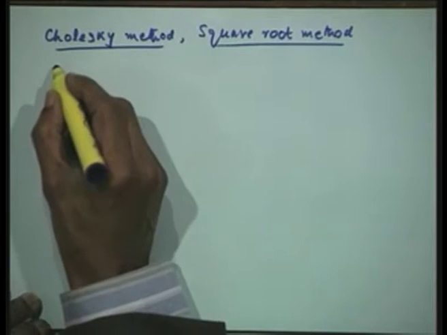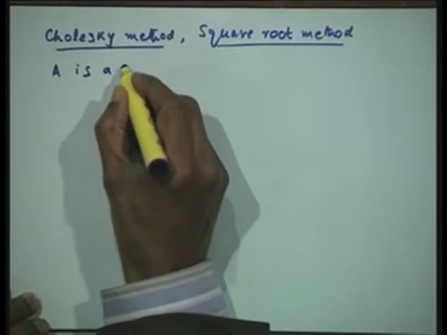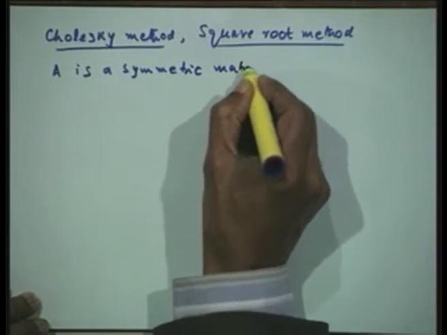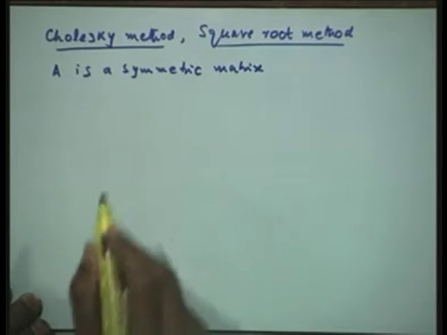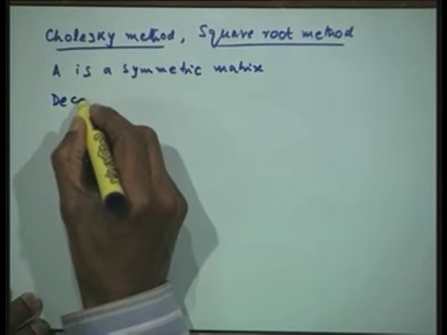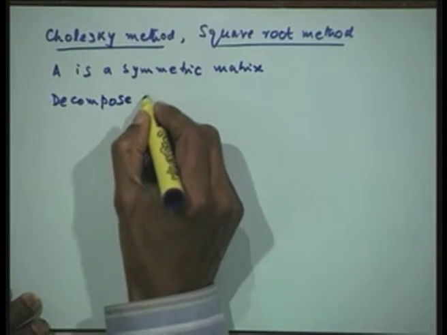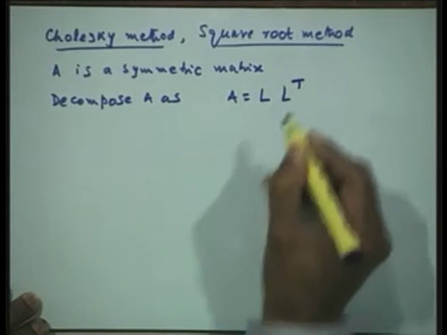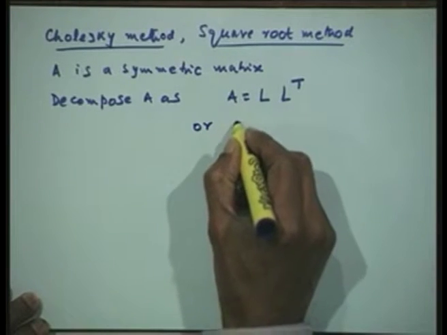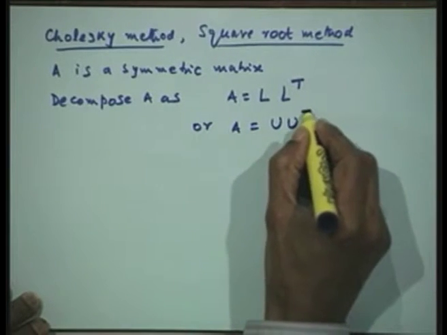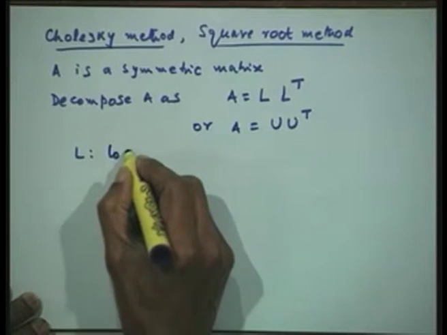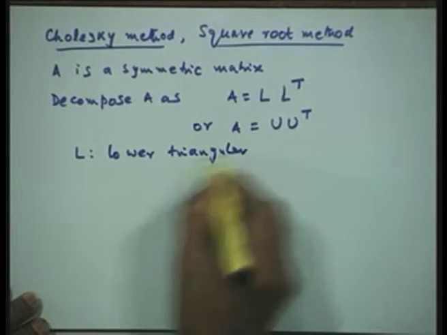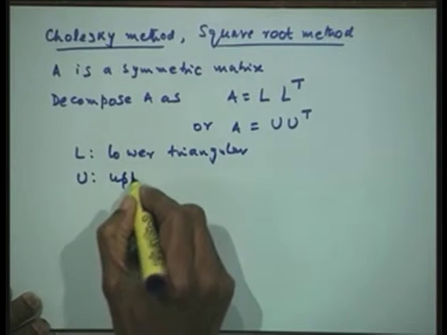Now we start with assuming that A is a symmetric matrix. Then we decompose A as A is equal to L into L transpose, or as A is equal to U into U transpose, where L is our lower triangular matrix and U is an upper triangular matrix.